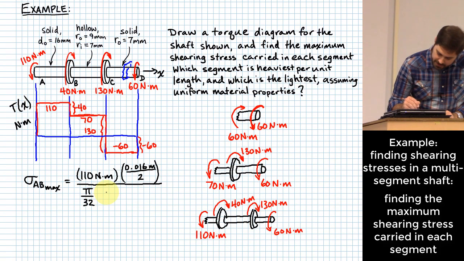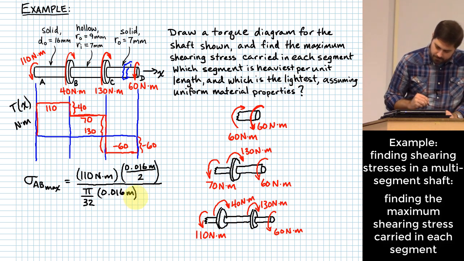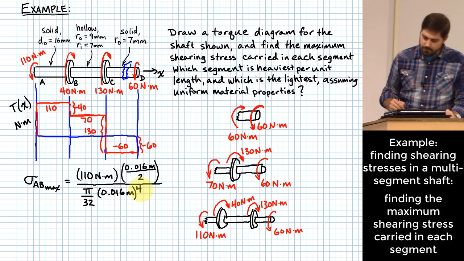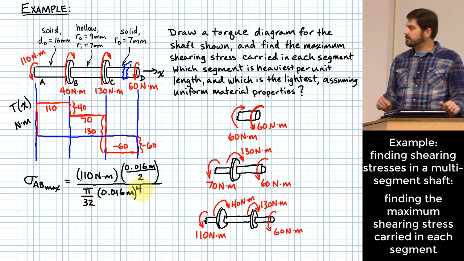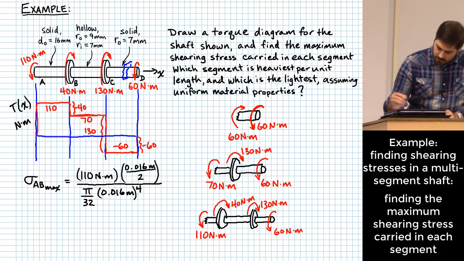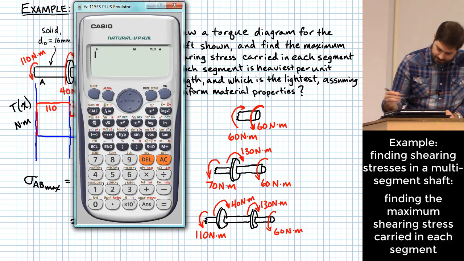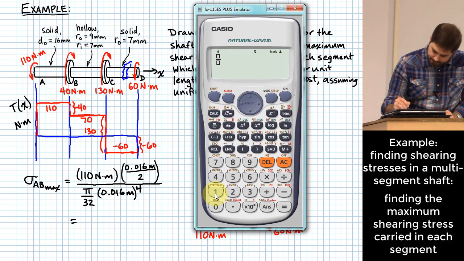So I can just put in here 0.016 meters raised to the 4th. Okay. Let me plug all this in. So I've got 110 times 0.016 over 2. Down here I've got pi times 0.016 raised to the 4th over 32.